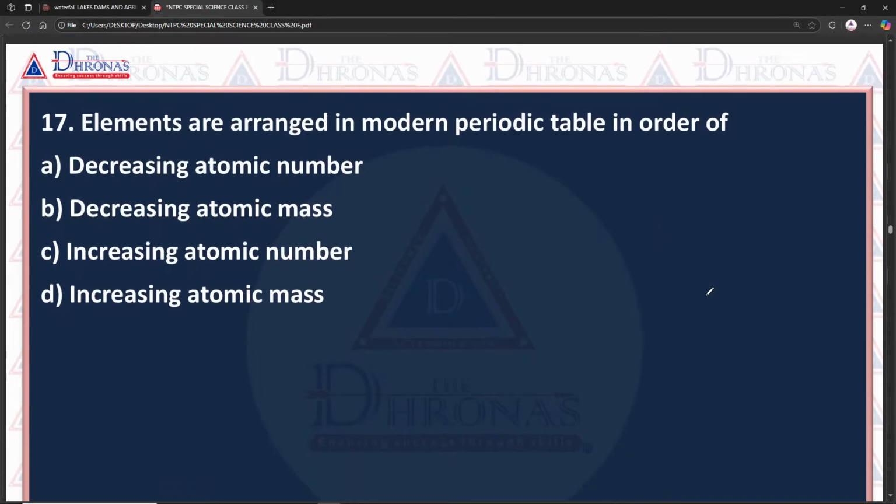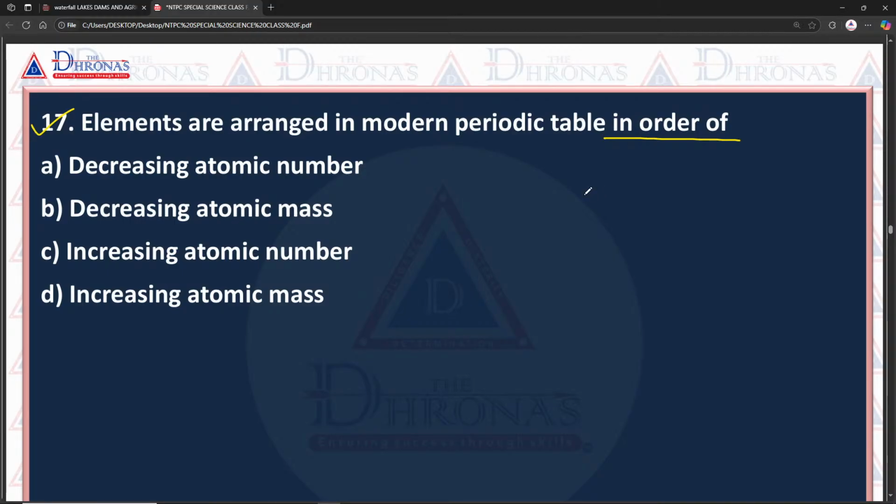Next is 17. Elements are arranged in the modern periodic table in order of. Modern periodic table में elements को कैसे arrange किया गया है? Your options are decreasing atomic number, decreasing atomic mass, increasing atomic number, and increasing atomic mass.